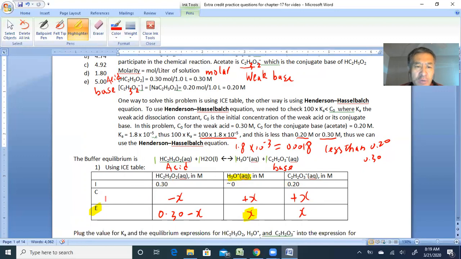Then we decide what the changes are. The reactant change will be negative, negative 1x depending on the coefficient. For the products, the concentration increases, therefore plus x, plus x. At equilibrium, the concentrations equal 0.30 minus x, x, and 0.20 plus x.